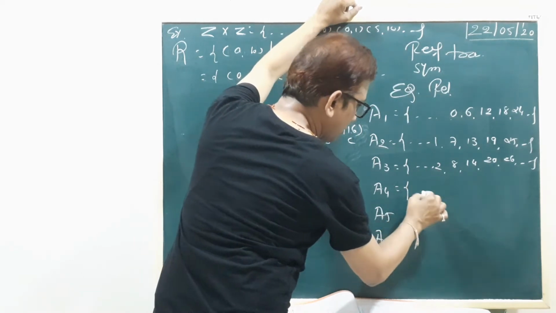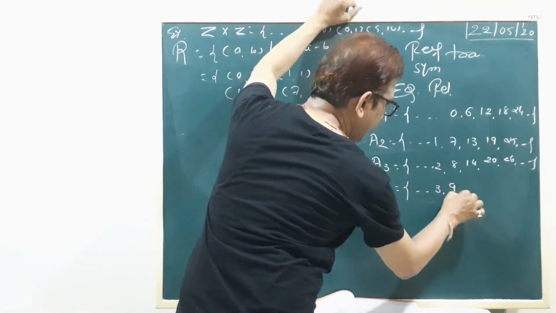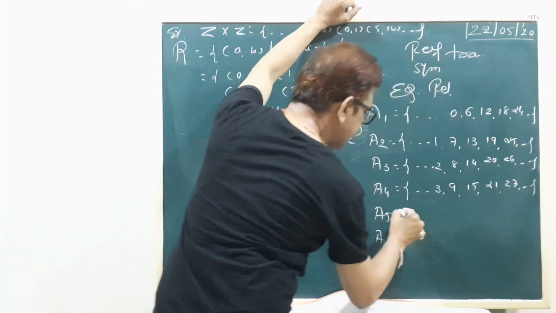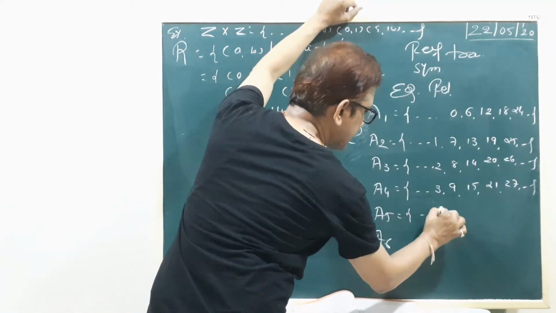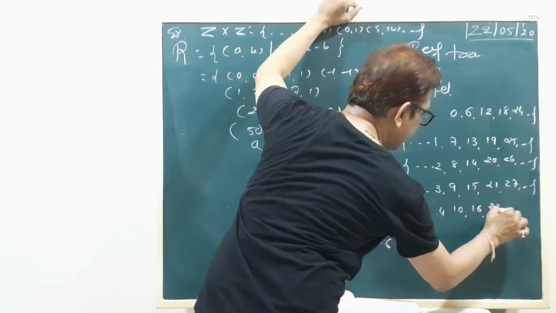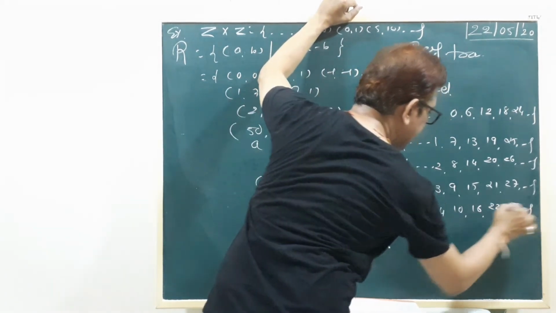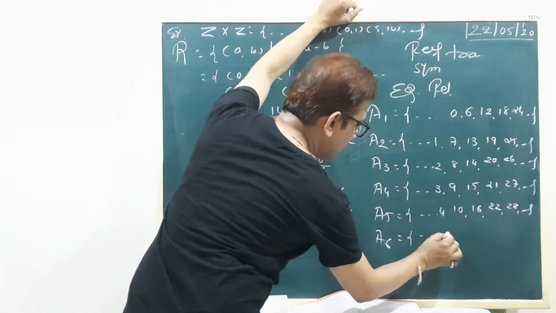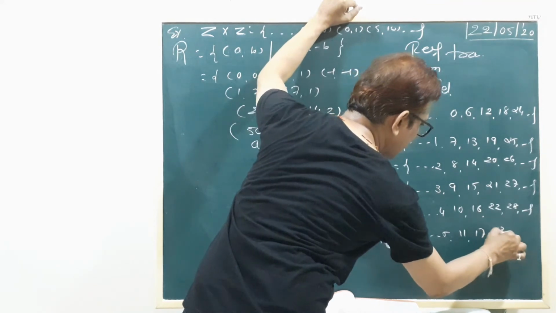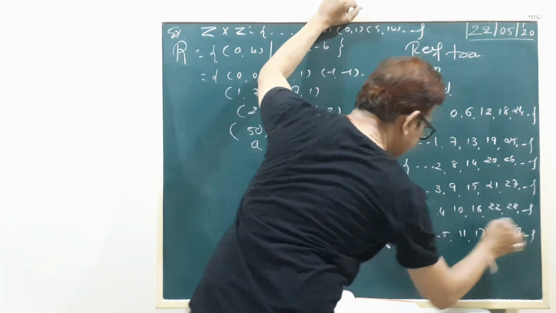Next number 3: 3, 9, 15, 21, 27, and so on. Then 4, 10, 16, 22, 28, and so on. Then next one, 5, 11, 17, 23, 29, and so on.